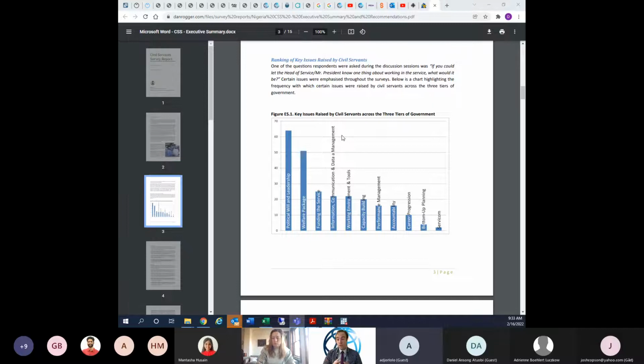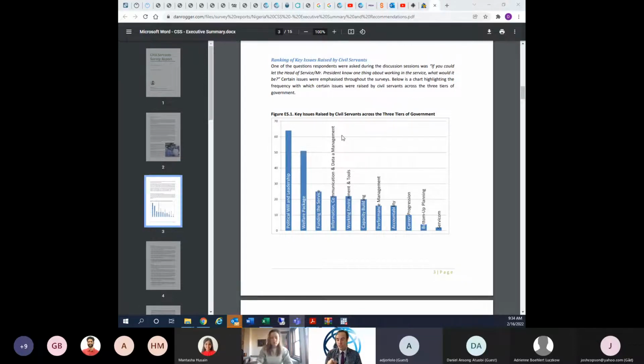Some of the things were true across the entire public service, and some of the things we heard were true for the individual unit and the individual ministry. What this told us was that in Nigeria, there are some solutions that have to be nationwide, but there are many solutions that are at the unit level, at the ministry level.